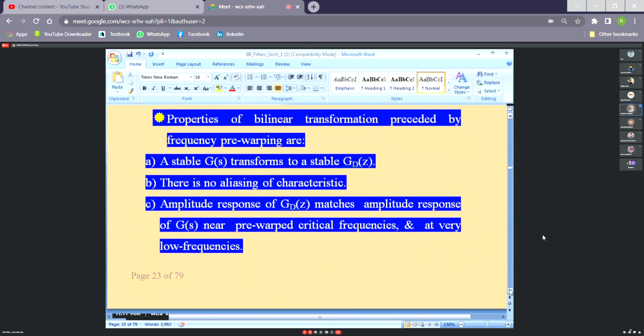The phase response is distorted. And it's easy to apply because no factorization of the numerator or denominator polynomial is necessary, and therefore no partial fraction expansion is also necessary.